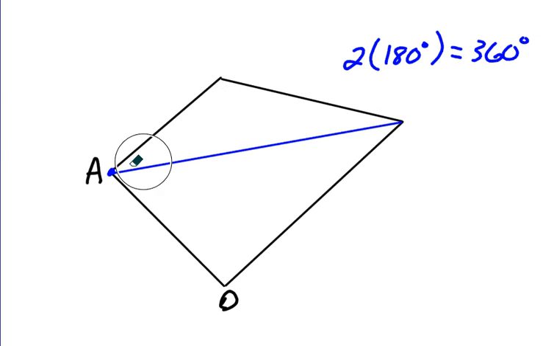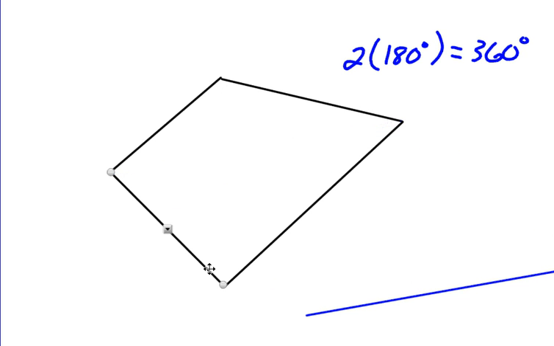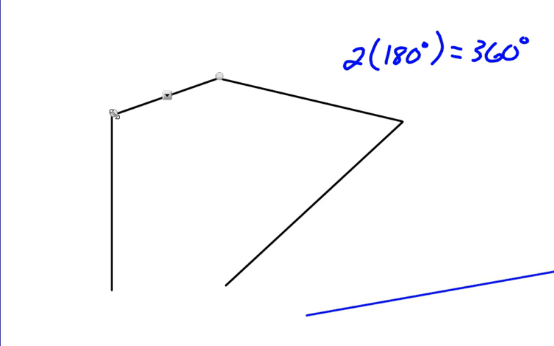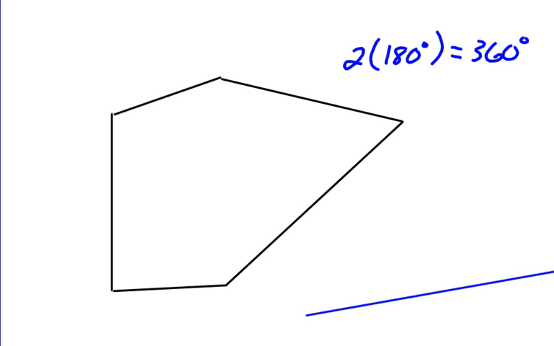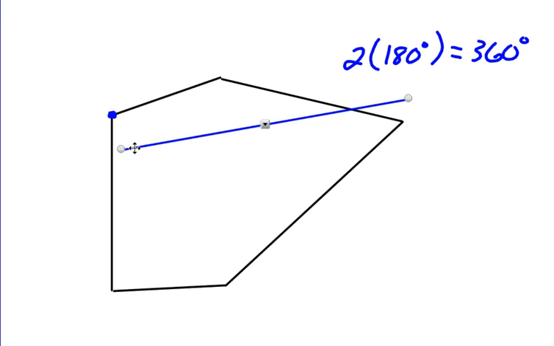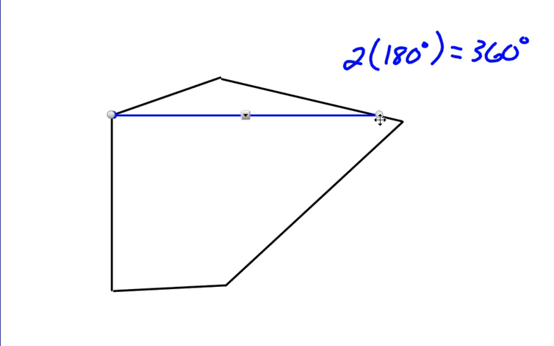The next example would be if we do that with a five-sided shape. Let me add another side to this shape. I'm going to do the same thing. I'm just going to pick one vertex of this shape, and I'm going to draw all of the diagonals from that vertex. I'll draw one across to this corner.